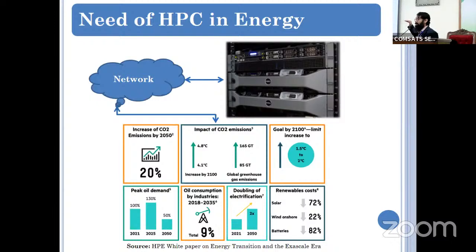For the prediction analysis and for deciding what measures to take optimally, we have to rely on computation. As a single brain, we cannot solve a global problem. So our objective, as they have defined, is that by 2050 oil and gas demand should be reduced by 50%, and these parameters lead towards the computational part and optimization.